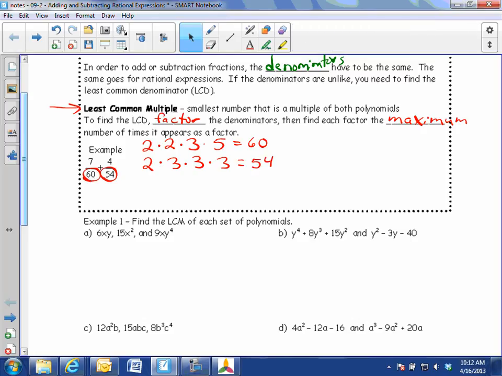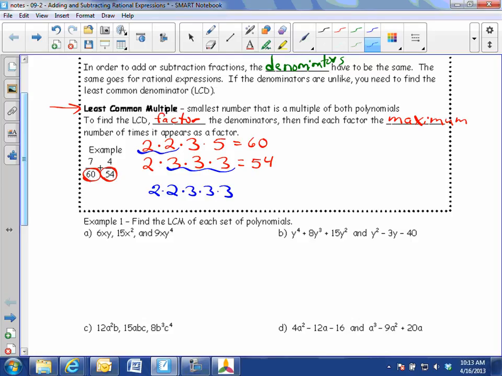Okay, so once you've factored them, we're going to look at each of these numbers and figure out the maximum number of times each factor appears in either number. In this case, 2 appears twice up here, and only once down here, so I'm going to say I've got two 2s. 3 appears only once up here, but it appears 3 times down here, so we go 3, 3, 3.